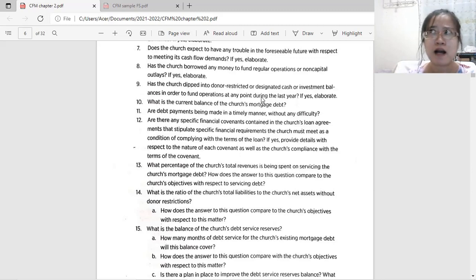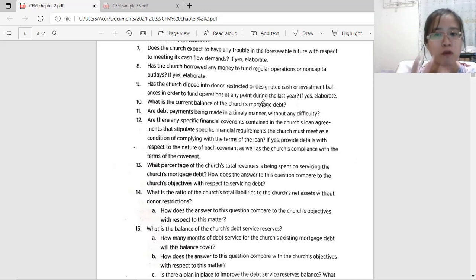Okay, so it's not an ideal situation. Sometimes it would be very concerning already, because as much as possible you'd like to use the funds for their specific purposes. You don't want to form a habit.